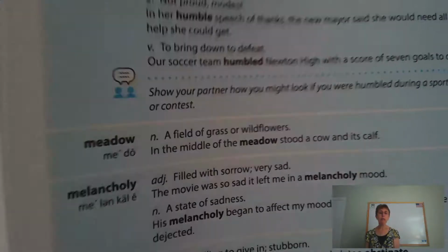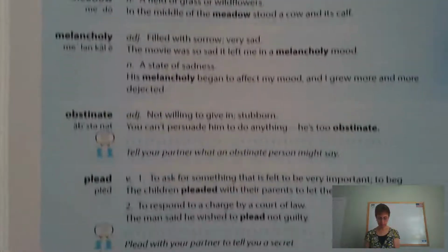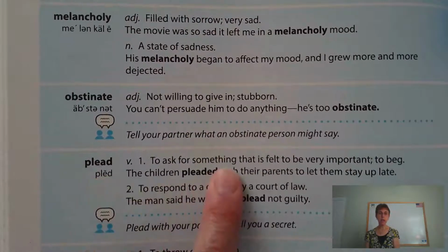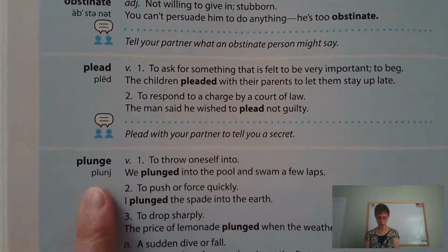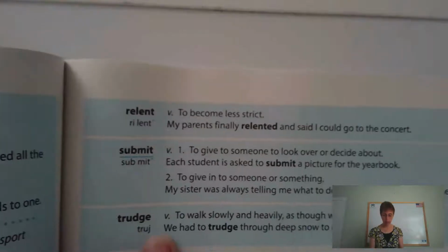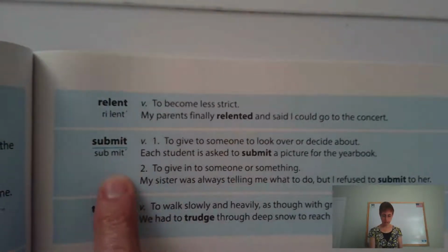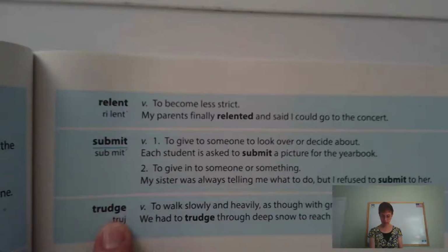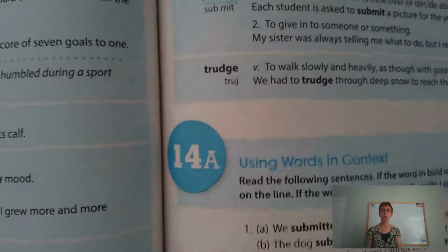Then we have obstinate, that's obstinate. Plead and pleaded. Plunge and plunged. And then the last 3, relent, and you have relented, submit, and trudge. Those are the 15 new words.